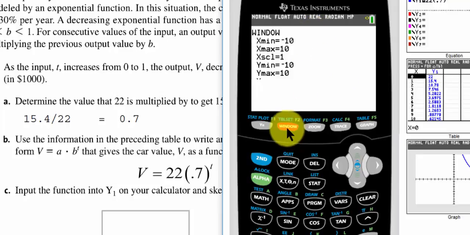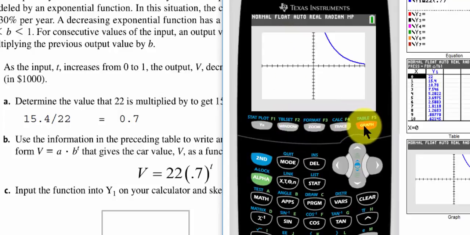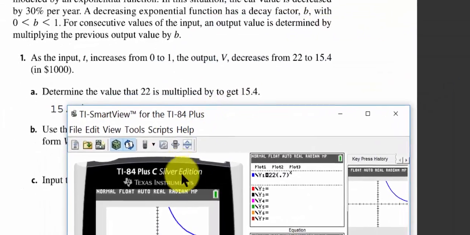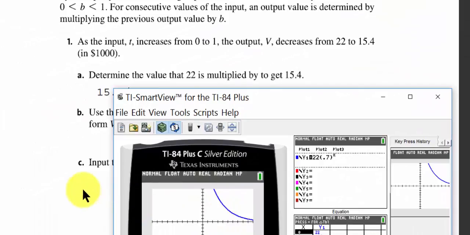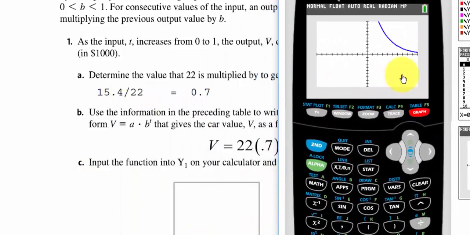When I press window, you'll see it populates -10 to 10. That's considered a standard window. The book's basically asking you to sketch that graph and write that in the blank box on your paper. So that's what my graph looks like.